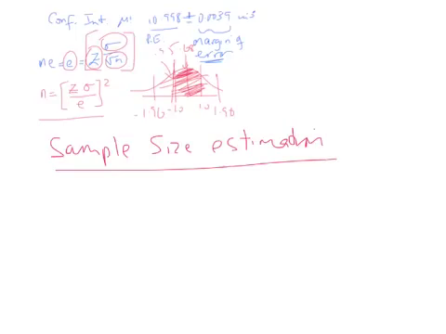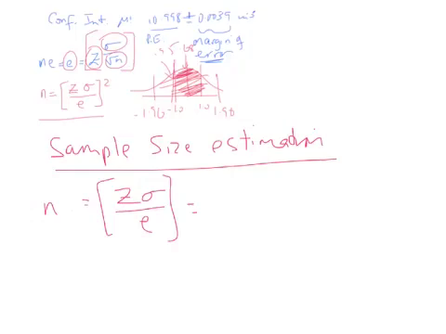In this case, we'll say E is equal to Z sigma over the square root of n. But we already have the formula, so I should just stick with what we've already calculated. So I'm going to switch that back and say n is equal to this over E squared.